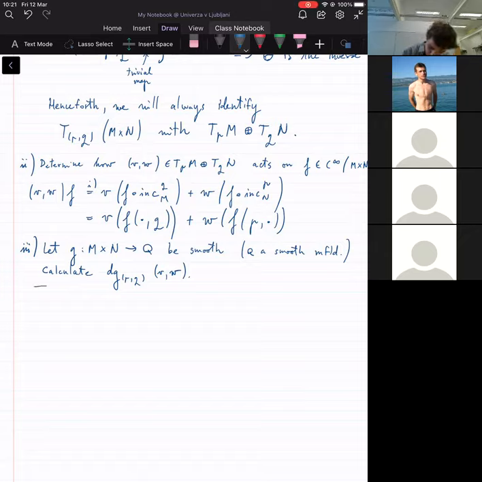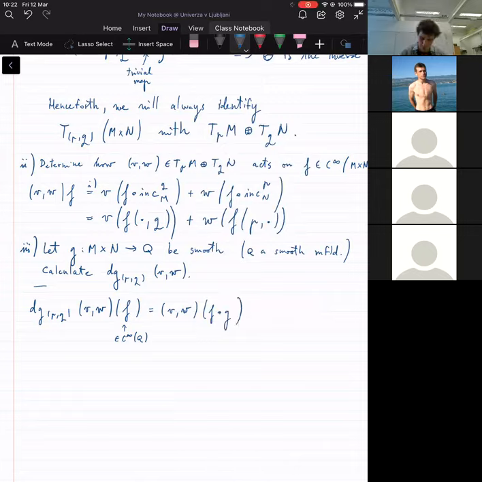Okay, so what we have to do is check what this thing does on some f that is now a function on Q, right? And this is nothing else but (v, w) of f∘g, right?